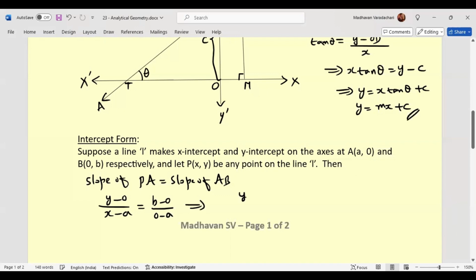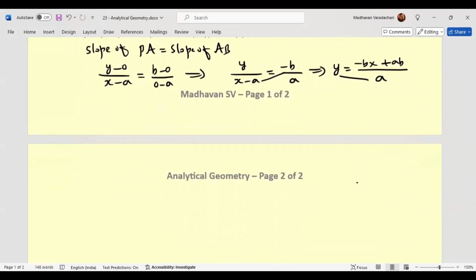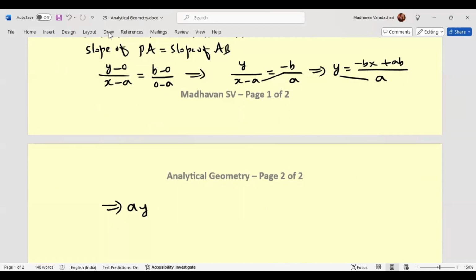That means we have y by (x minus a) is equal to b by minus a, or minus b by a. So that means we can rewrite this as, cross multiplying, we get a y is equal to minus b x plus a b. Let me bring the minus b x to the left hand side.